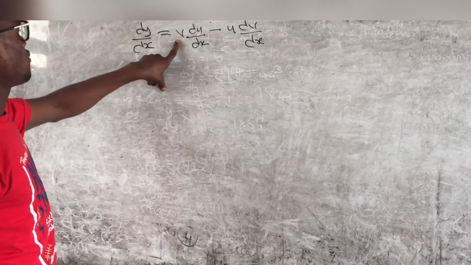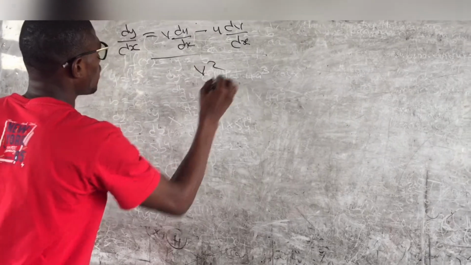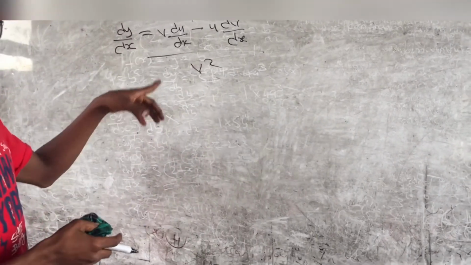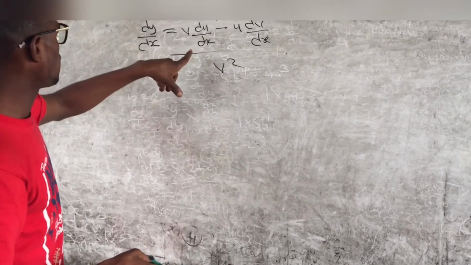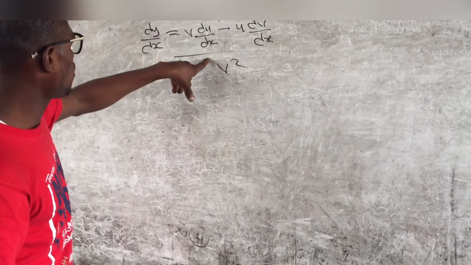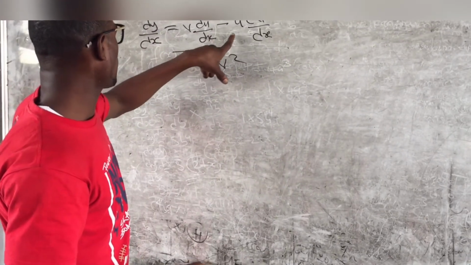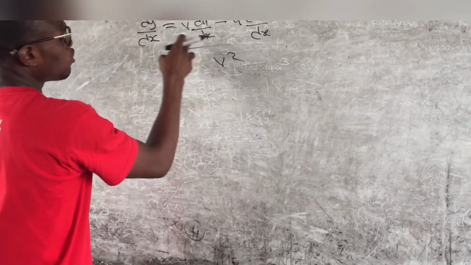First, you write out the value of v, then all over v squared. This is the formula for the quotient rule. I'll write out the value of v, then multiply it by the differential value of u, then also subtract u multiplied by the differential value of v.